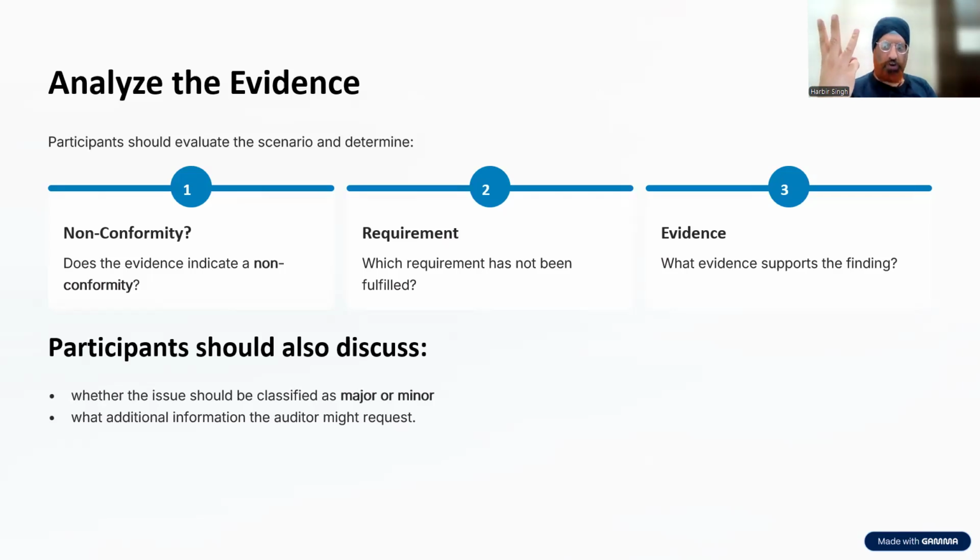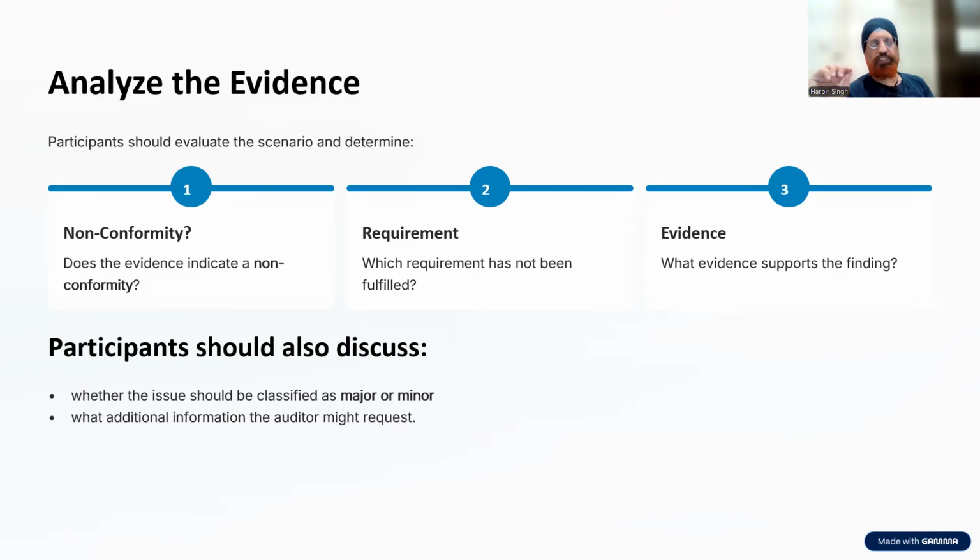Number one, non-conformity. Number two, requirement. Number three, your evidences. Participants in this exercise should also discuss whether the issue should be classified as major or minor. You have to first create the definition of what you call a major non-conformity. What do you as an auditor understand by a major non-conformity, and by a minor non-conformity?